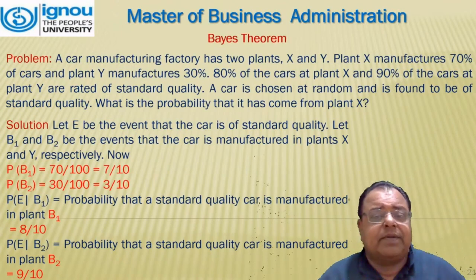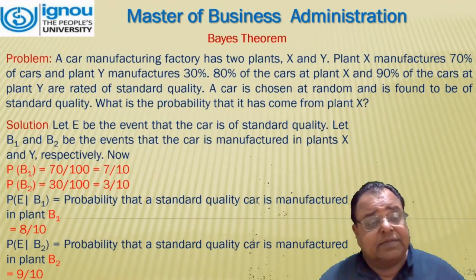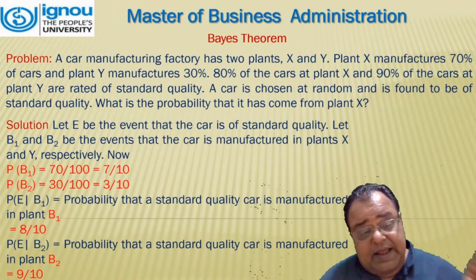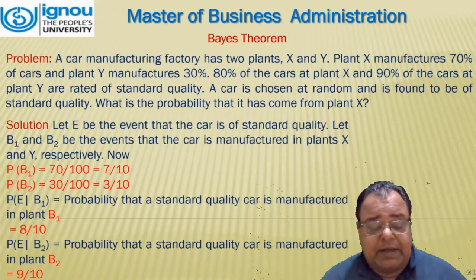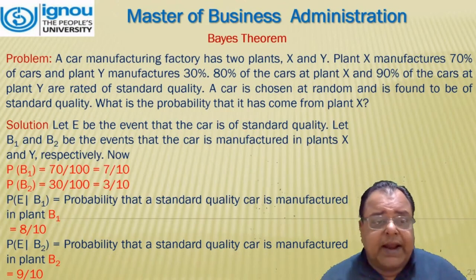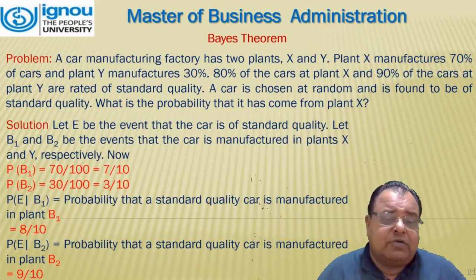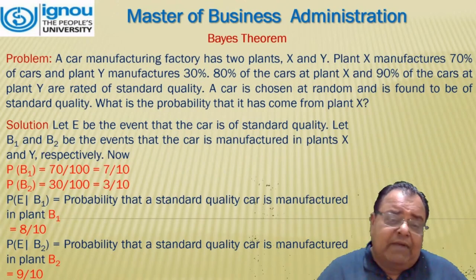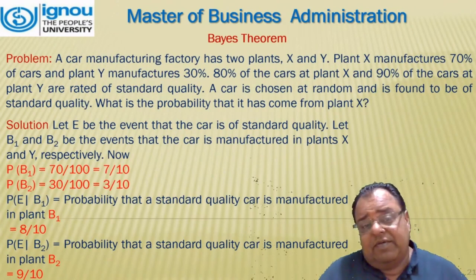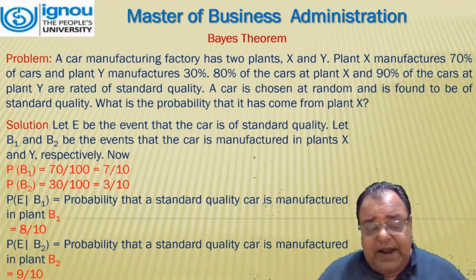And for the second plant, 90% of the cars of plant Y, in that case we will be writing probability E given B2. 90 by 100, that is 9 by 10. Now, what are we supposed to calculate? We have to calculate the probability that a standard car came from plant X.